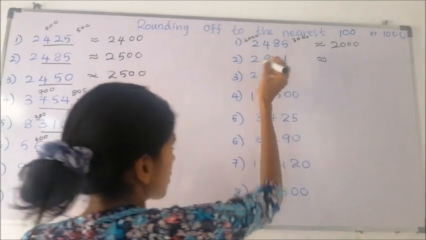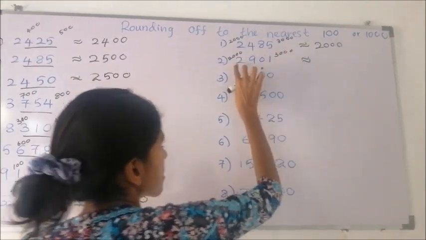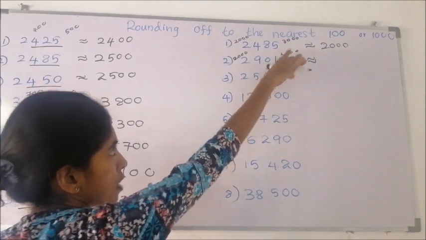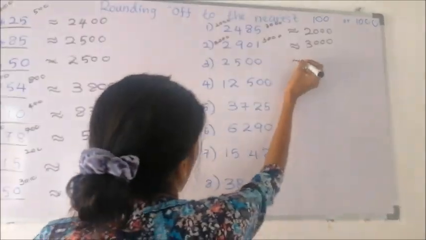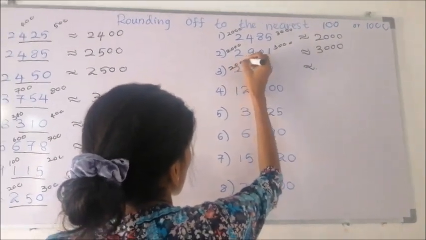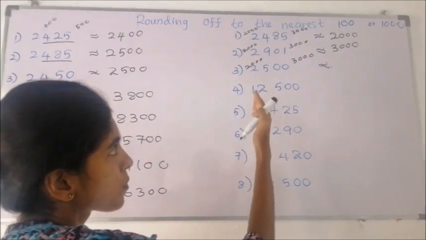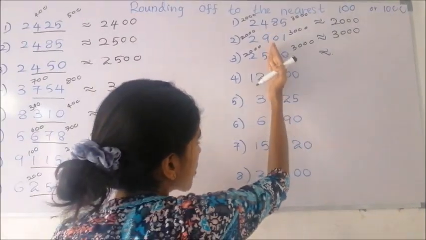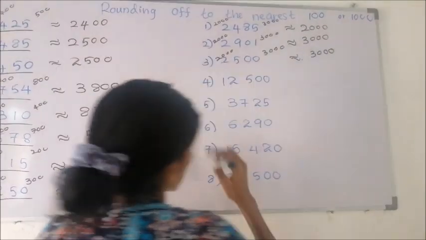Next, this is also in between 2000 and 3000, and this is 2901, means it's closer to 3000. Next, in between 2000 and 3000, it is the correct middle number. 2500 is located in the correct middle, so it should go to the next bigger multiple of 1000.